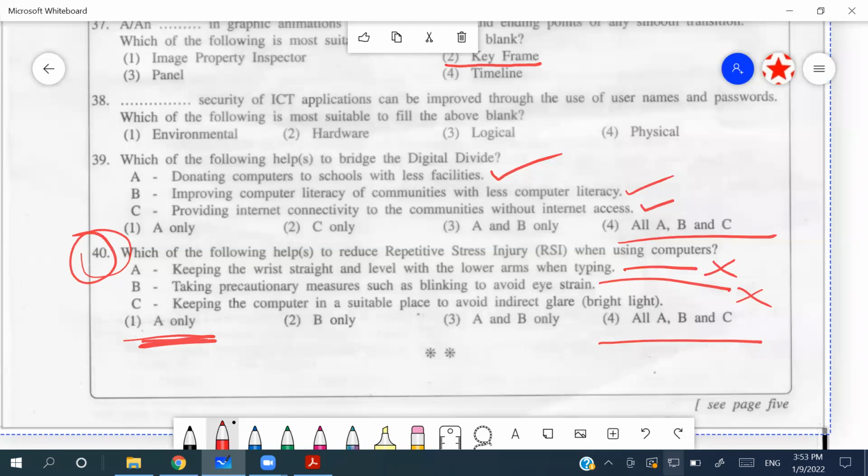Please confirm from your side. Right, okay. Then no problem.